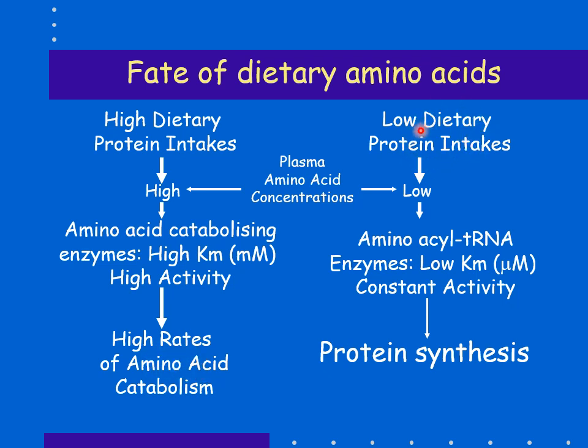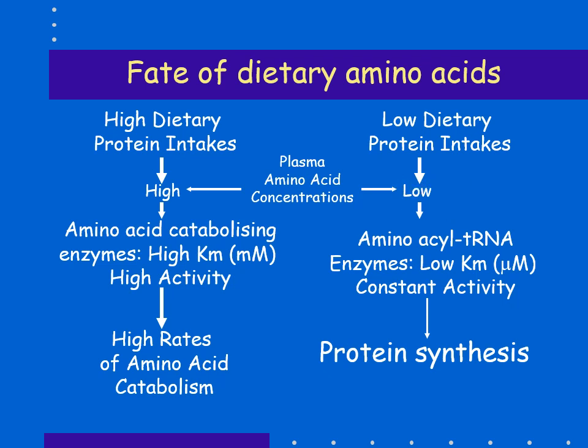Alternatively, when protein intakes are low, you'll have a corresponding low concentration of plasma amino acids. Now, the enzymes involved in protein synthesis, in particular the aminoacyl tRNA enzymes, have relatively low Km values. Therefore, they can function when amino acid concentrations are quite low.